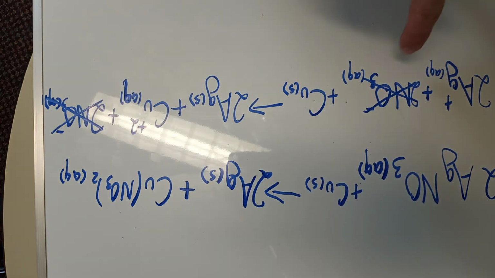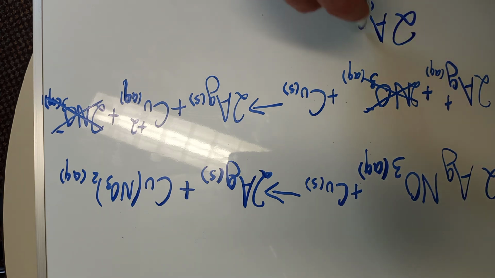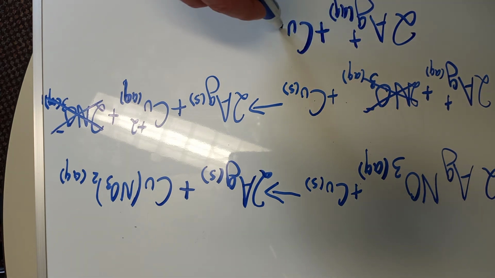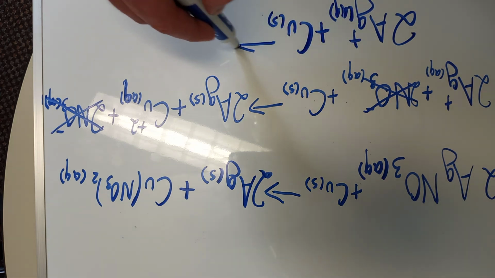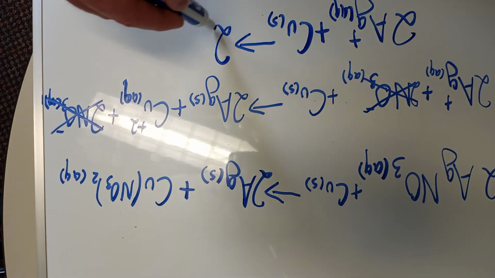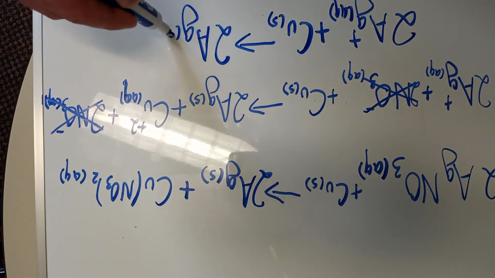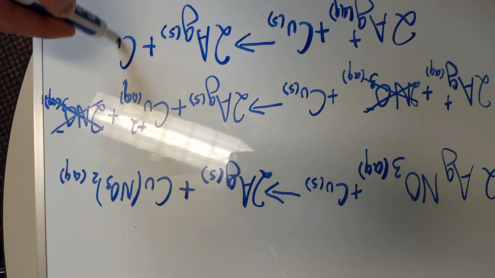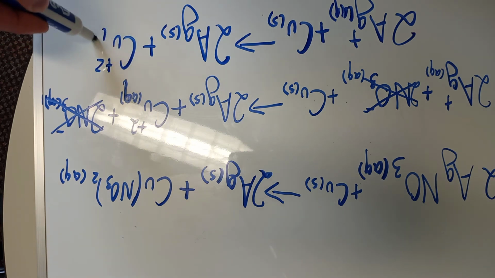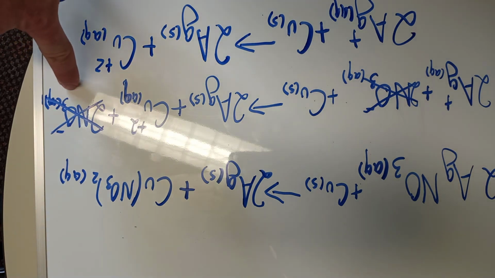I eliminated the NO3s, but I still have 2 Ag, so I'm going to rewrite 2 Ag plus aqueous plus Cu solid gives us 2 Ag solid plus Cu 2 plus aqueous, and then we've got our eliminated NO3 on the side.